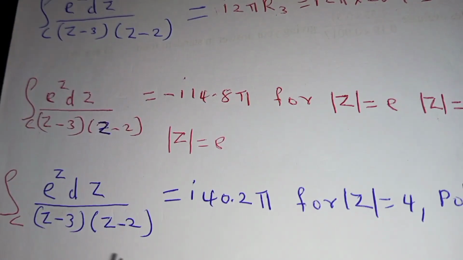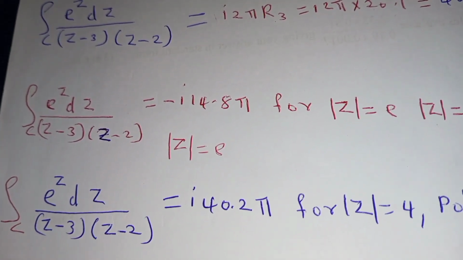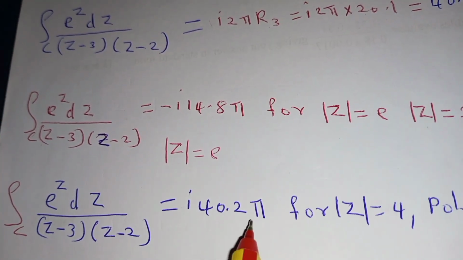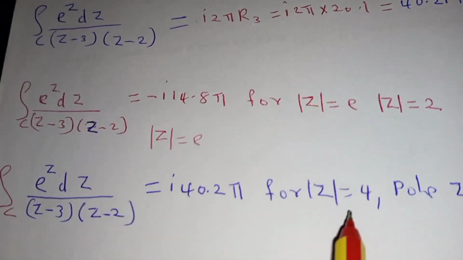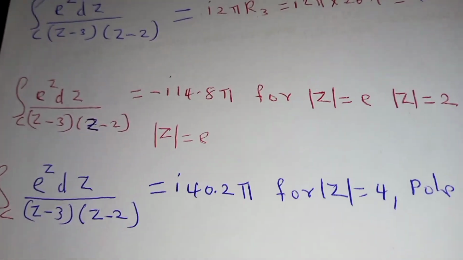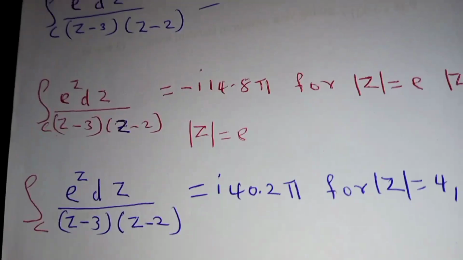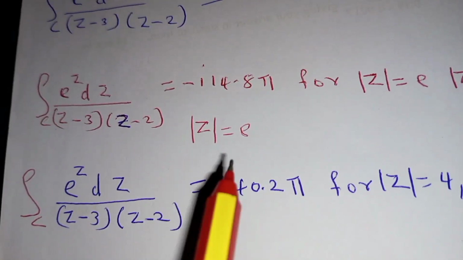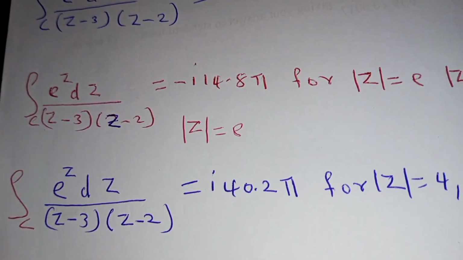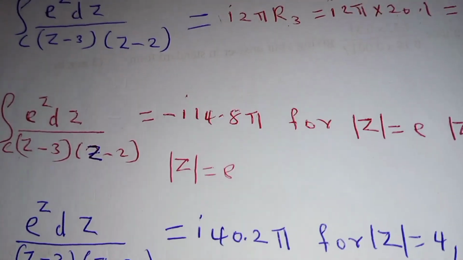And in scenario number 2, the integral of this one, we have found it to be I 40.2 pi for modulus of z equal to 4, and the pole is z is equal to 3. So that is how you deal with the complex integral, by application of Cauchy integral and following those simple steps.